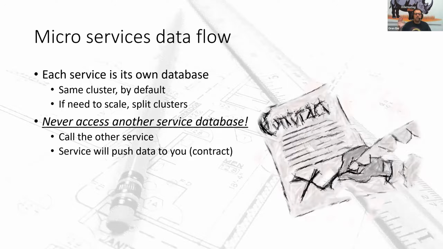And now we have this idea of independent microservices. And the cardinal sin of microservices is a shared database. If you have a shared database and microservices, you have a distributed monolith with all of the attendant complexities and issues, with none of the scaling options, and all of the complexities of microservices as well.